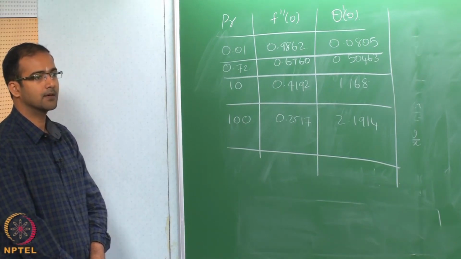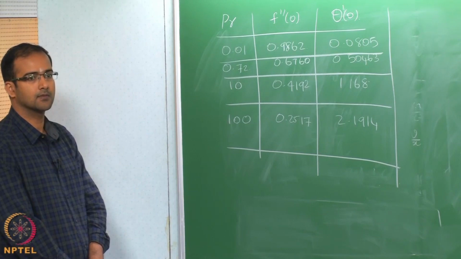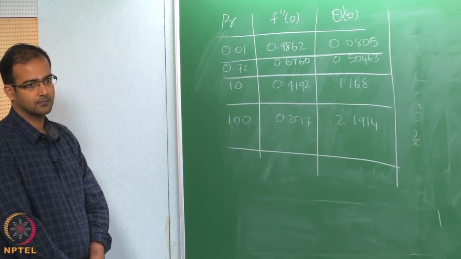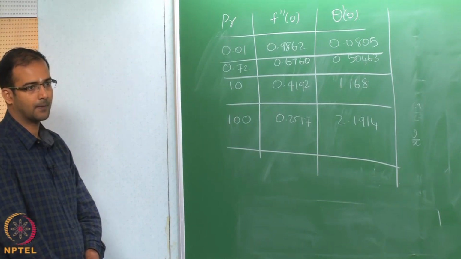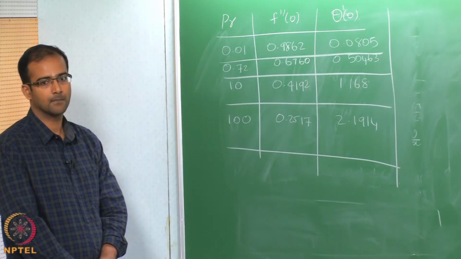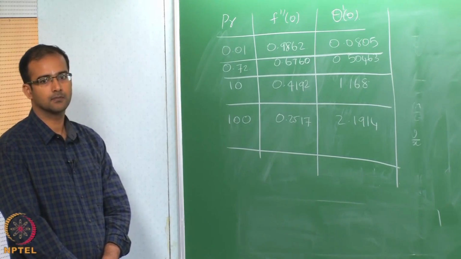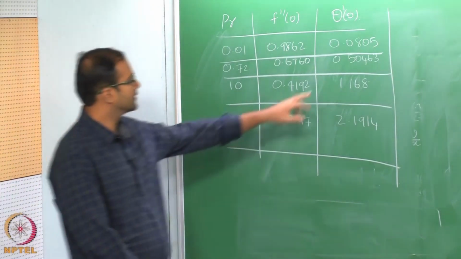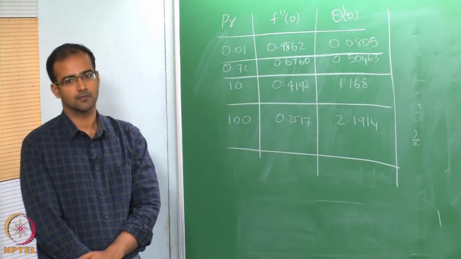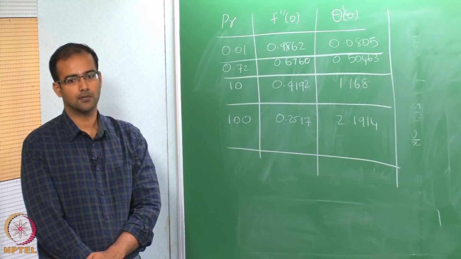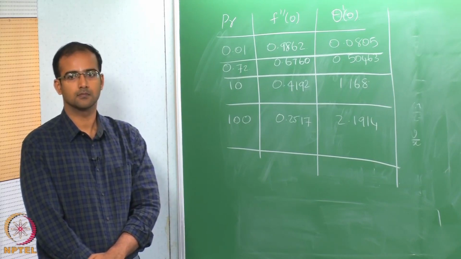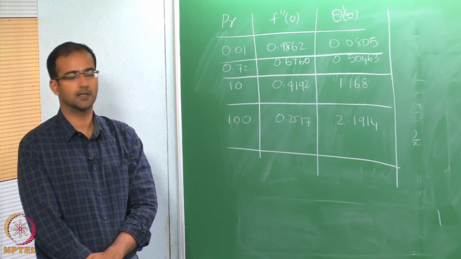What was the corresponding value for the external forced convection flat plate? 0.332, okay. And what was the corresponding value of d theta by d eta for Prandtl number equal to 1? That is also same 0.332, okay.